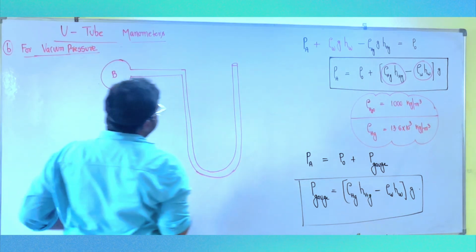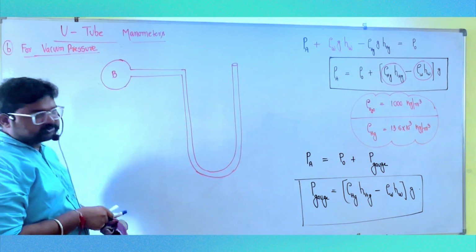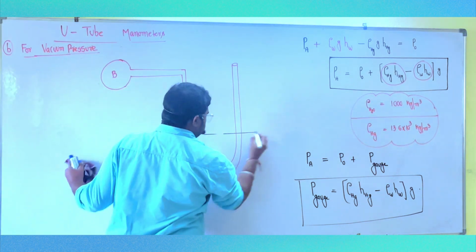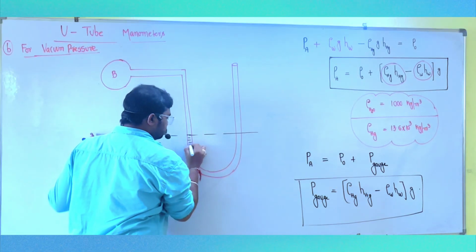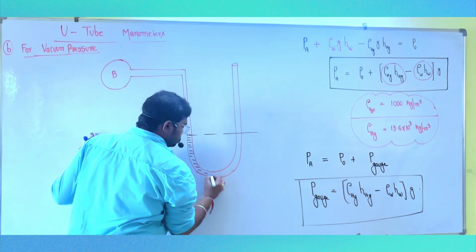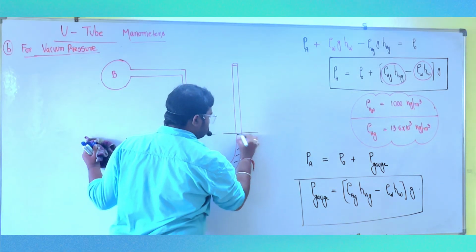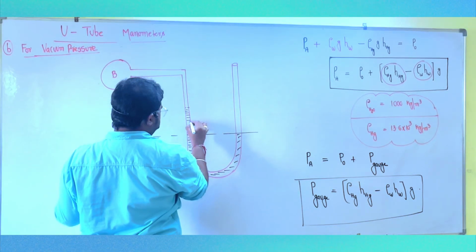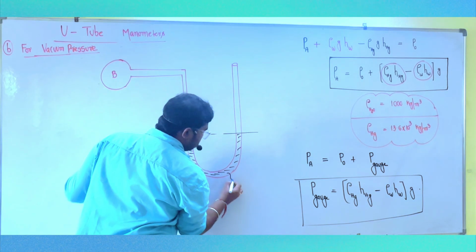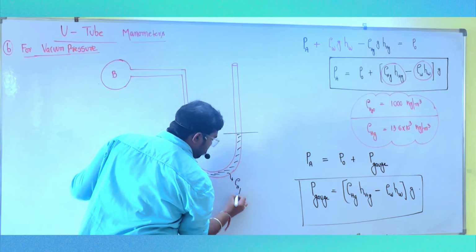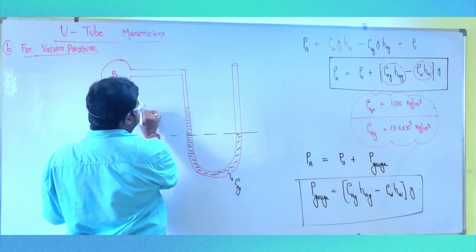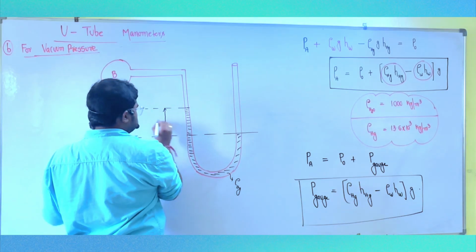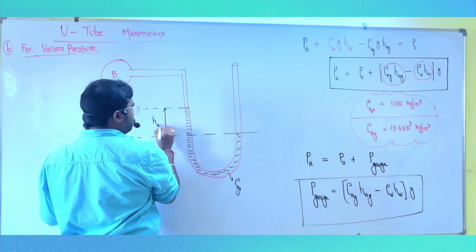One end, the right limb, is exposed to atmosphere. So now mercury column, here you can confidently say that this is the mercury. Suppose the mercury is up to here; this is the density of the mercury or manometric fluid, and up to here is the height of the mercury column.